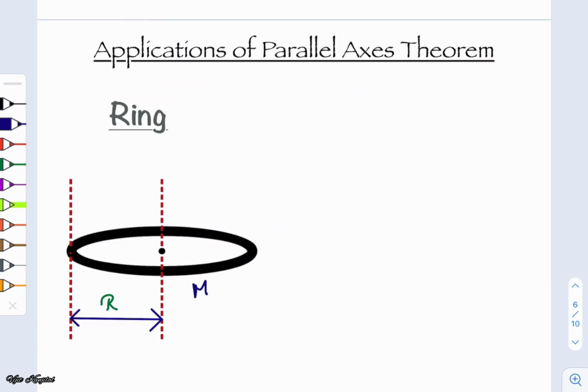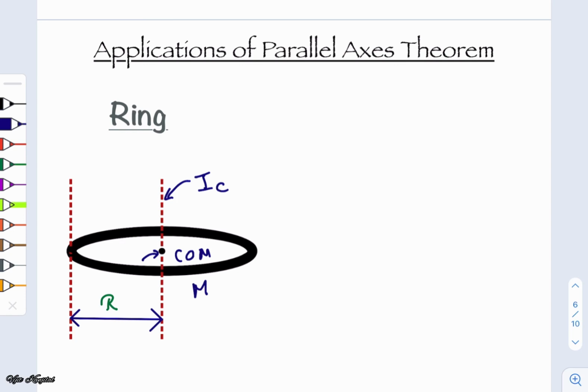Now let us try to look into a few applications of the parallel axis theorem. So here we are given a ring of mass m and radius r. The center of mass of a ring is located at its center. So this is the center of mass. And in the previous videos, we already calculated the moment of inertia with respect to this particular axis.